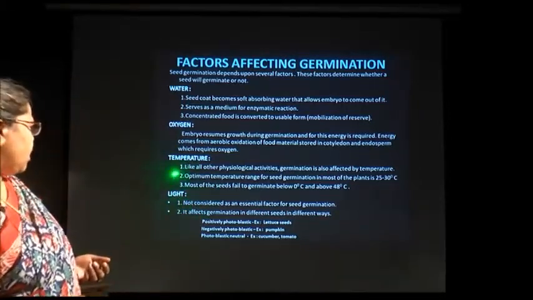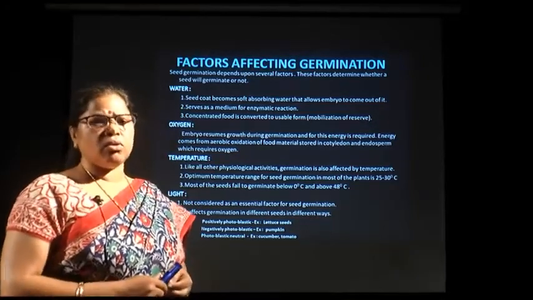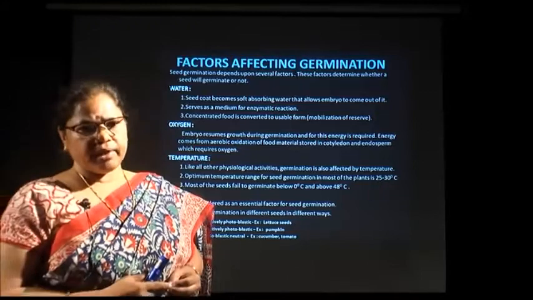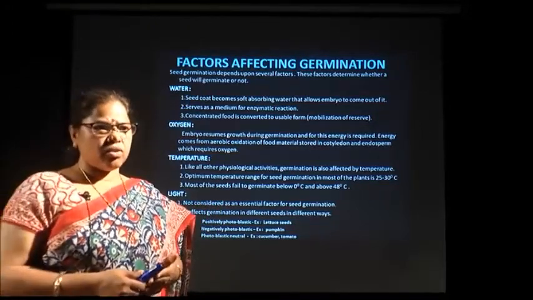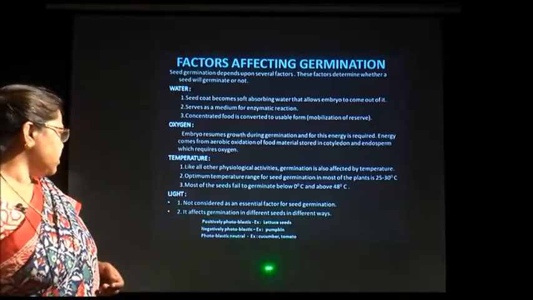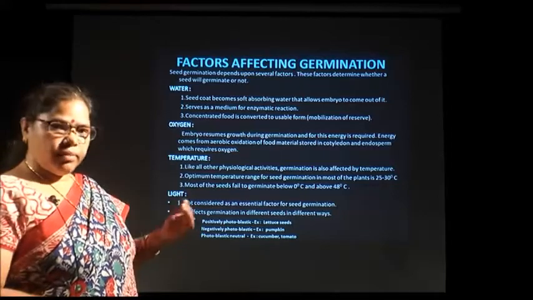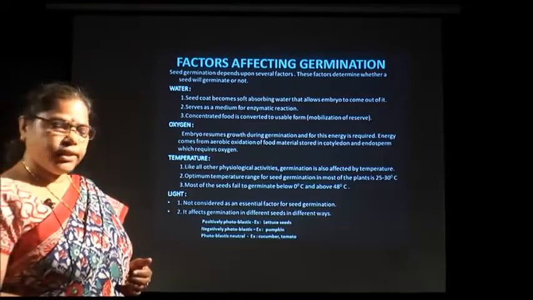Then the last external factor is light. Light generally is not considered a very essential factor, but some plants need light for their germination, some plants do not. Accordingly seeds are of 2-3 types. Positively photoblastic means those seeds which need light for their germination, for example lettuce seeds.